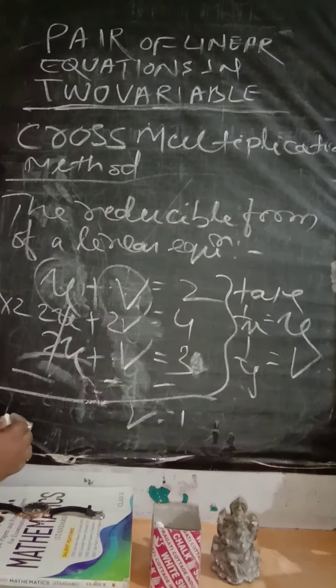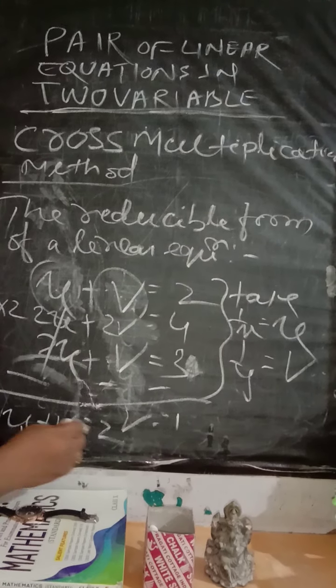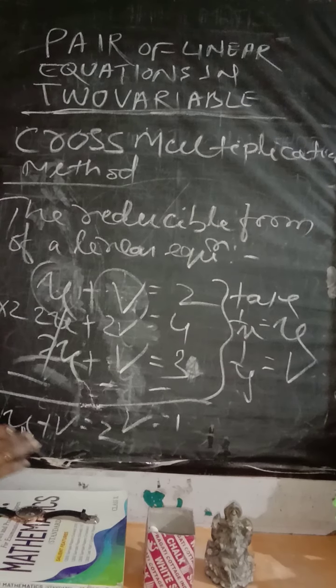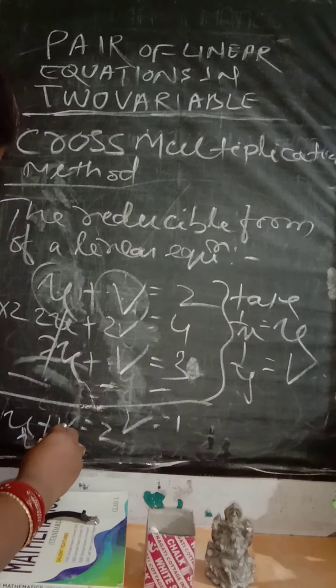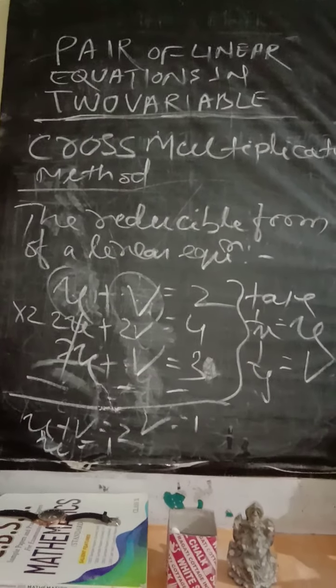Then u plus v is equal to 2. So if v is 1, then what will you get? u is also 1, since 2 minus 1 is equal to 1.